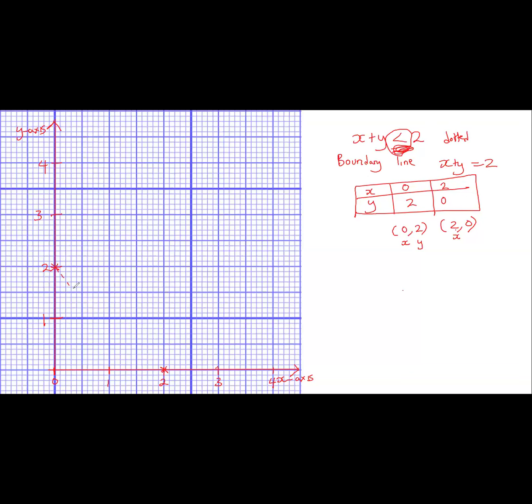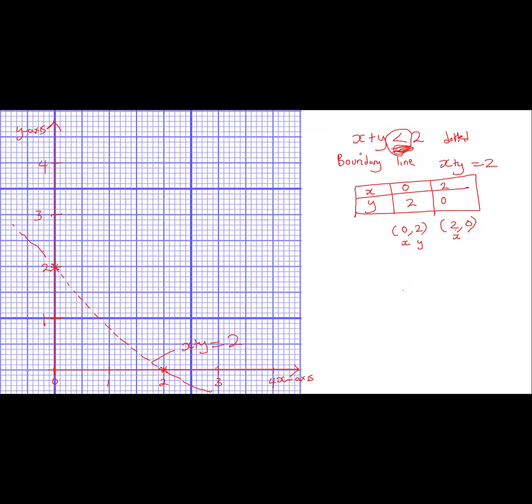I come here and I dot my line. Then I label this line that the line I've plotted is the line x plus y is equal to 2. Don't put the inequality, put is equal to 2.